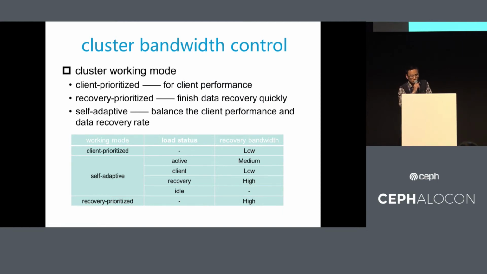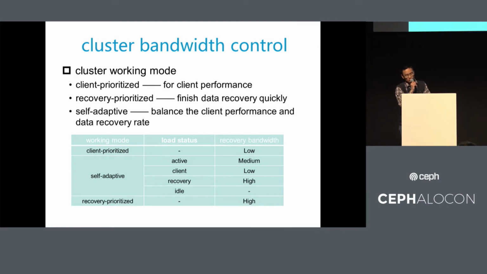Finally, we present 3 different cluster working modes for users to choose as they need. That's client prioritized, recovery prioritized, and self-adaptive mode. As the name shows, client prioritized mode tries its best not to reduce client performance. So the OSDs are limited to lower level recovery bandwidth.